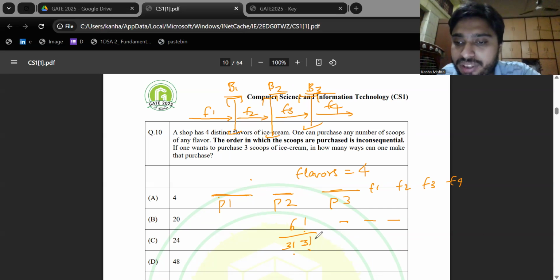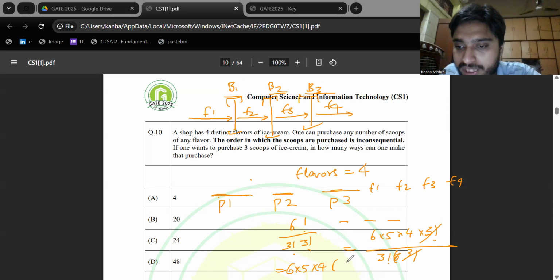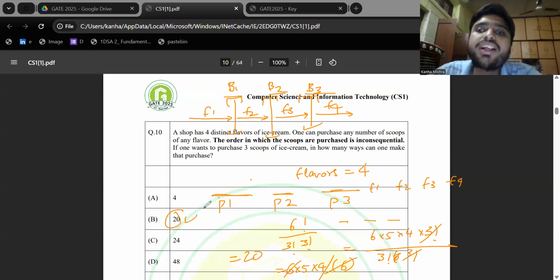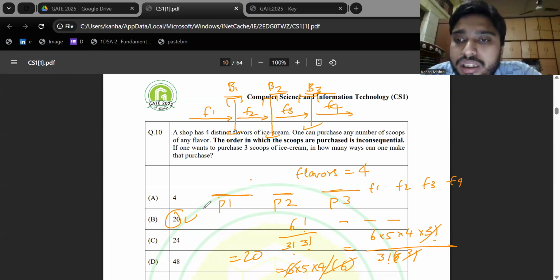So 6 factorial upon 3 factorial, 3 factorial. 6 factorial is 6 into 5 into 4 into 3 factorial upon 3 factorial into 3 factorial. You can divide this, so it comes out to be 6 into 5 into 4 by 6, which is 20. So 20 is the answer. There are 20 ways in which you can make that purchase.